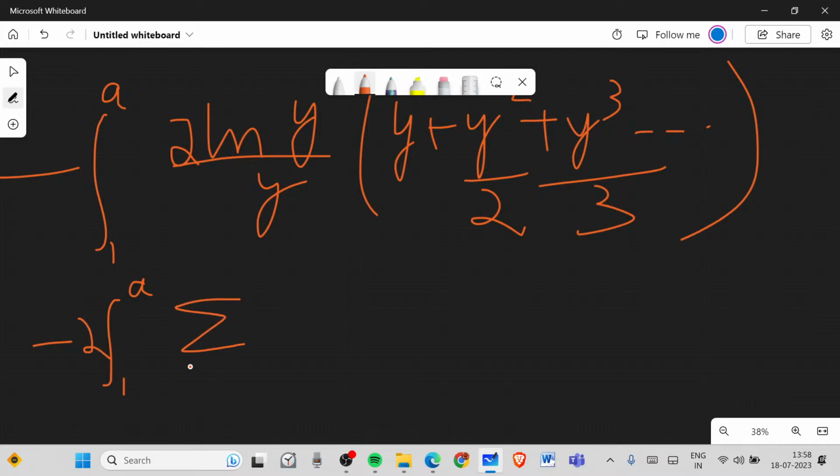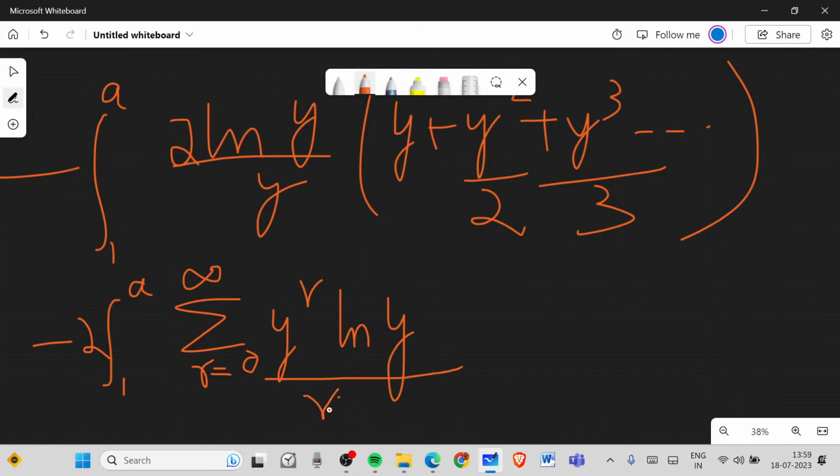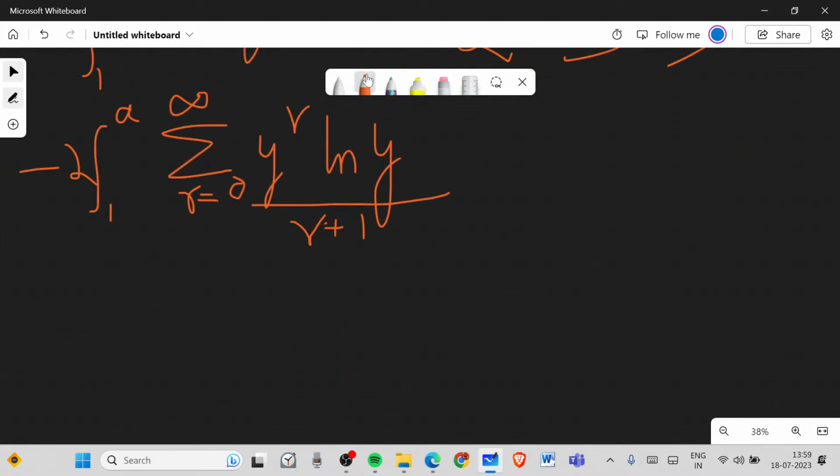It's sigma r is 0 to infinity, y to the power r ln y by r plus 1.